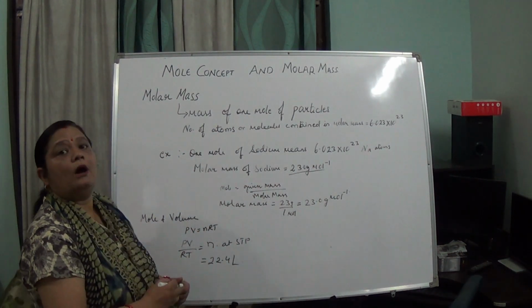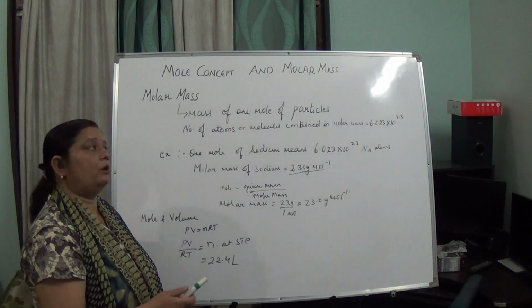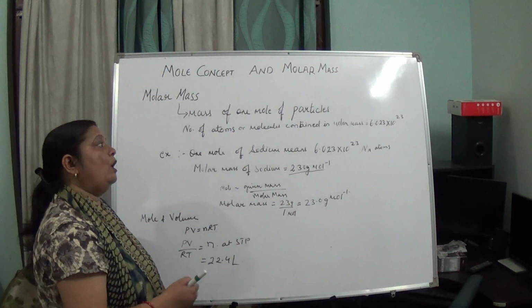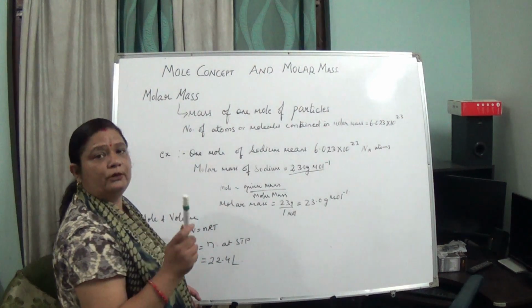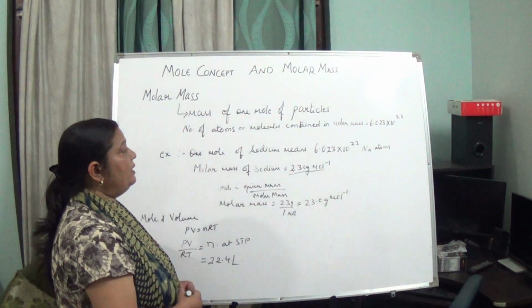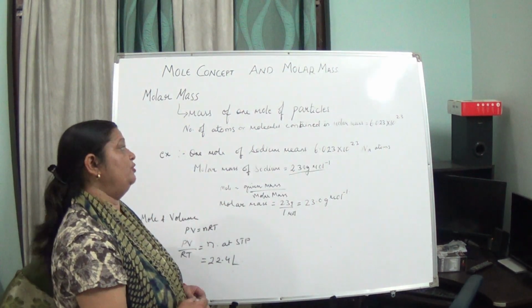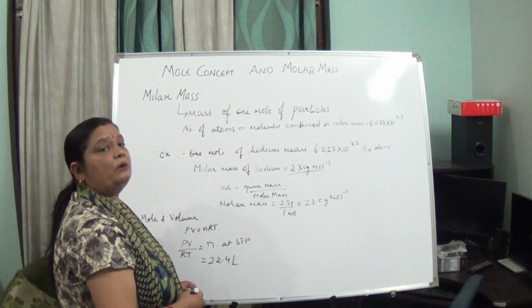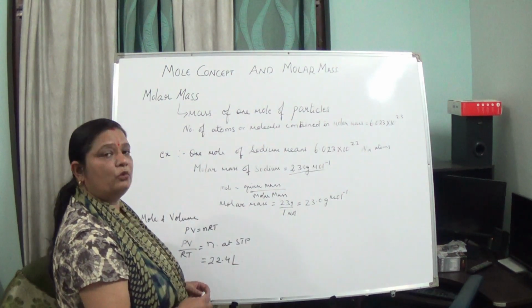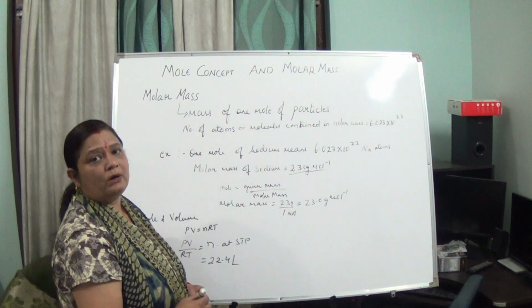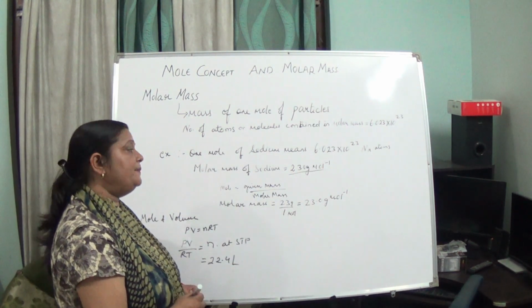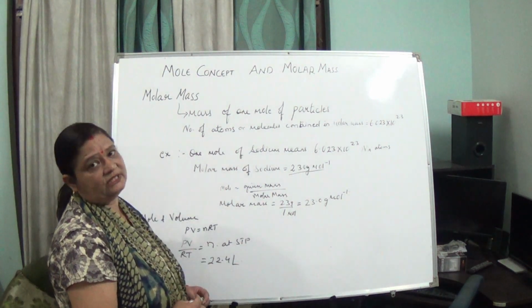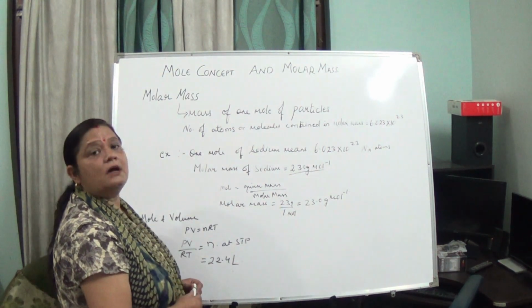it should be specified whether it is 1 atom of oxygen or 1 atom of hydrogen, or 1 molecule of hydrogen or 1 molecule of oxygen. But many a times it is not written in the numerical whether it is 1 mole of oxygen molecule or 1 mole of hydrogen molecule or 1 mole of hydrogen atom or 1 mole of oxygen atom. So what happens in this? You have to see the natural state of that substance.